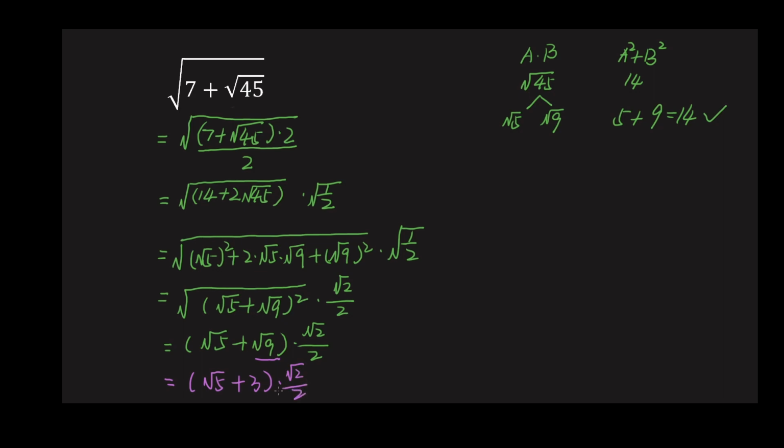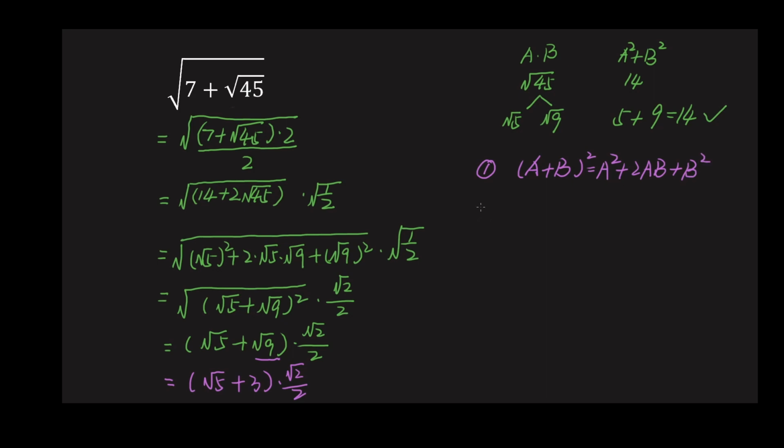This is the answer. For all these problems, we need to remember three things that are most important. The first one is the perfect square formula: (A plus B) whole squared is A squared plus 2AB plus B squared.